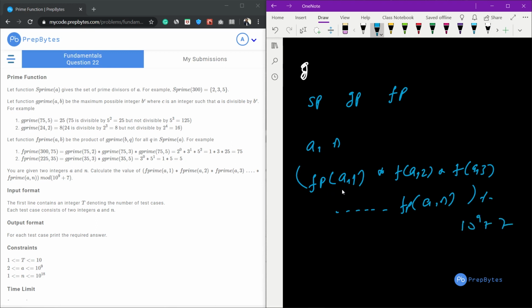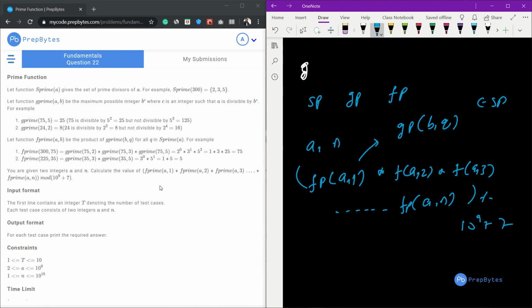Remember what f prime is. F prime in itself is the multiplication of all the g prime of b comma q, where q belongs to the set s prime of a, correct? So you have to understand very clearly what the question is asking.